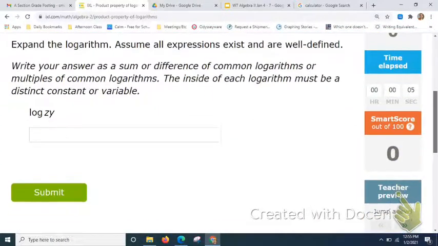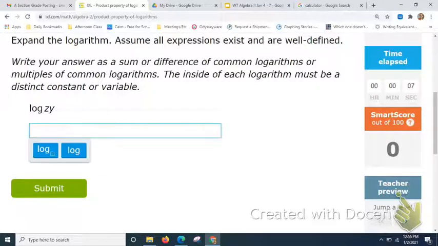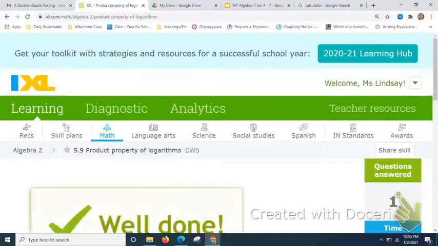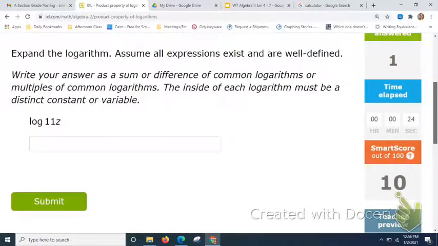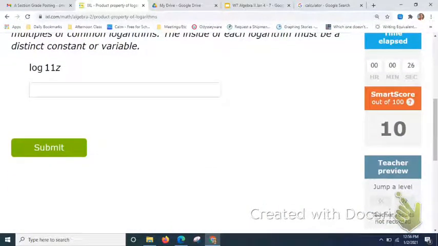And so if I am to expand, then I know I need log Z, and this is product, so it's going to change, it's going to be addition in the middle, and then log with the Y. So this would be log 11 plus log Z.